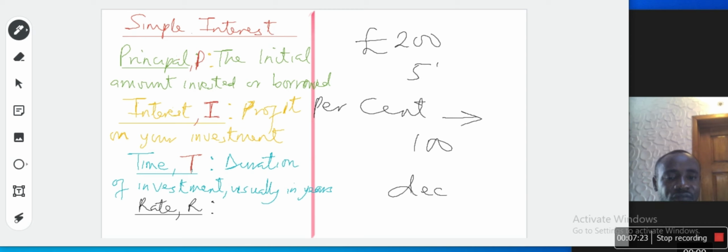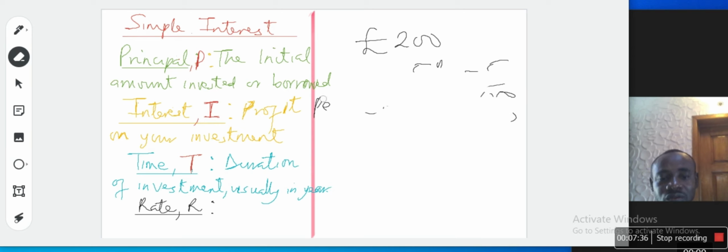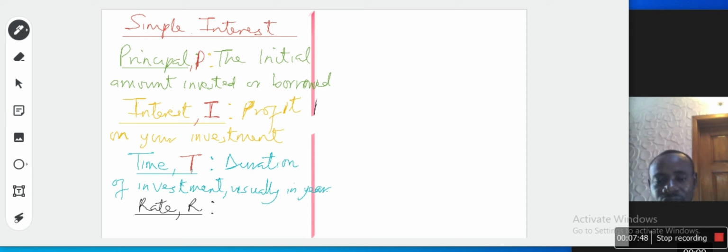If it is 5%, it means 5 over 100. Cent itself means 100, okay? We looked at percentages and all that earlier, so you will need to review those lessons and see how they connect. So rate is like the percentage on the principal.